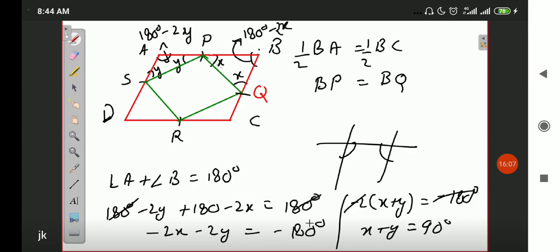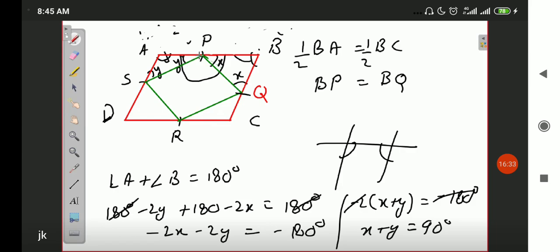Okay. Now leave everything else. Let us focus upon x and y. We are focusing on point P. On line AB at point P, this total angle should be equal to 180 degree because of linear pair.